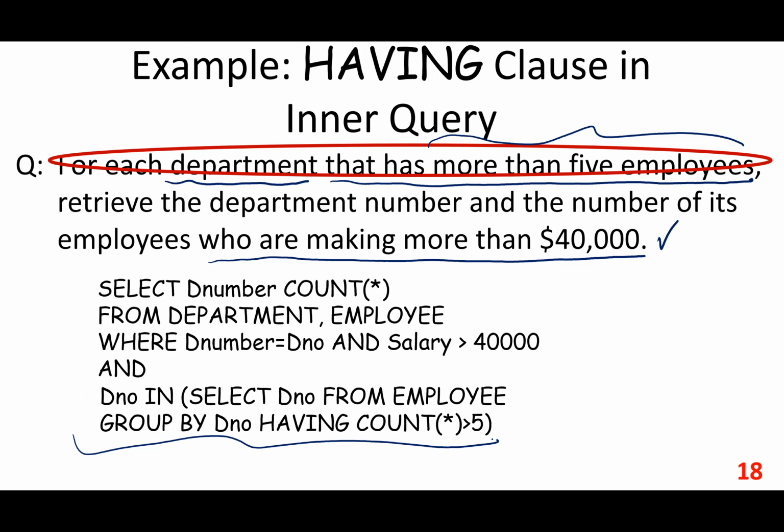So look at that. The relatively hard part is this condition, department number in this inner query. So when you describe the second part of the condition, you use that having clause in the inner query.